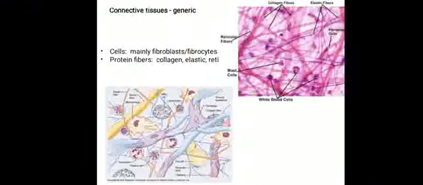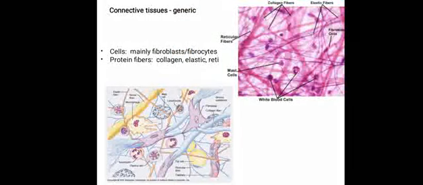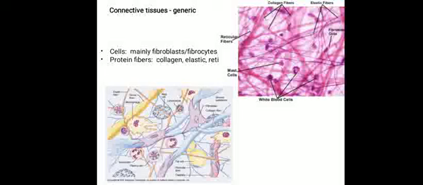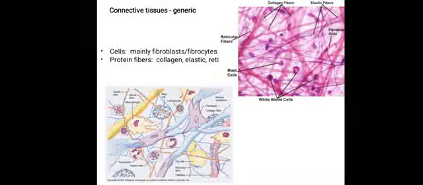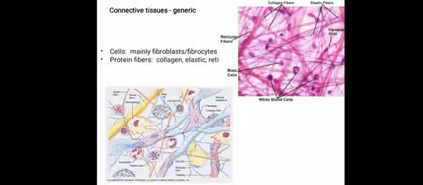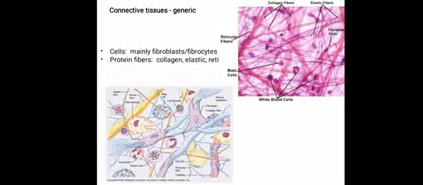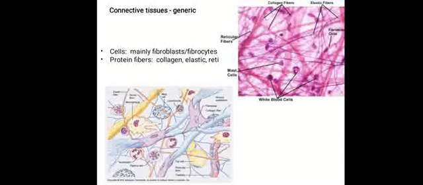So let's now move to the second type of tissues. We mentioned four before. This is the second one, which is connective tissues. In connective tissues, we have cells known as fibroblasts or fibrocytes.